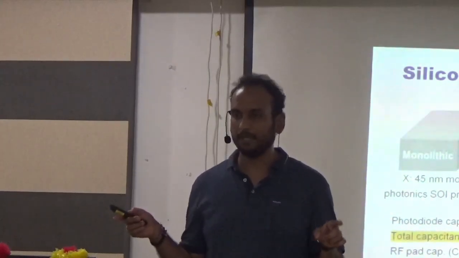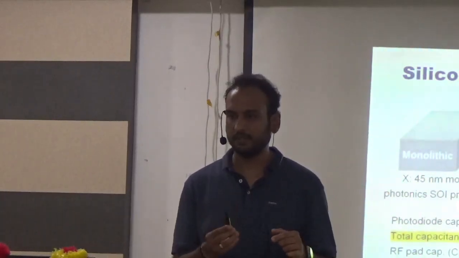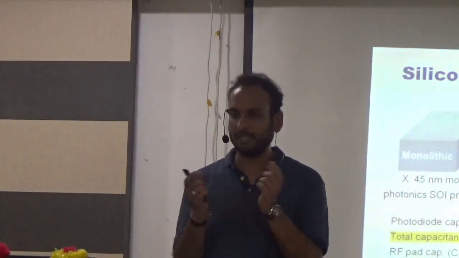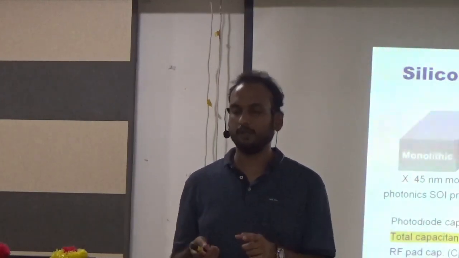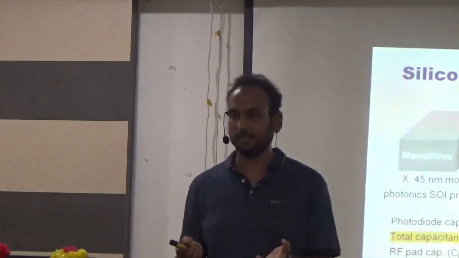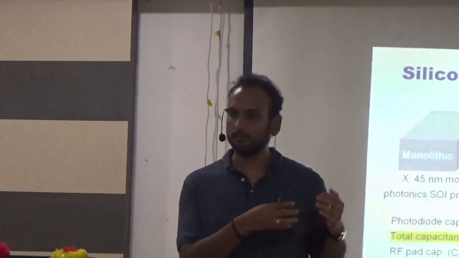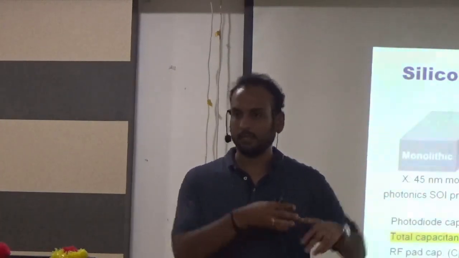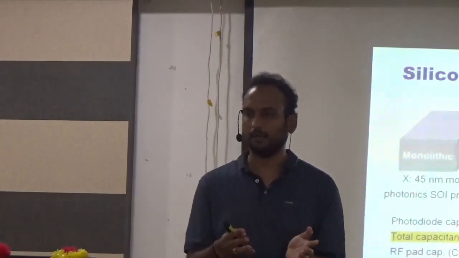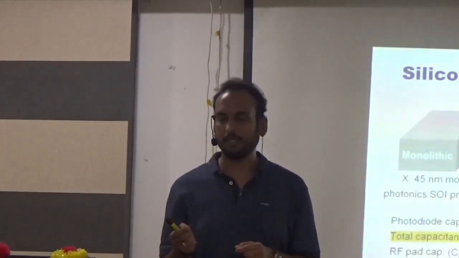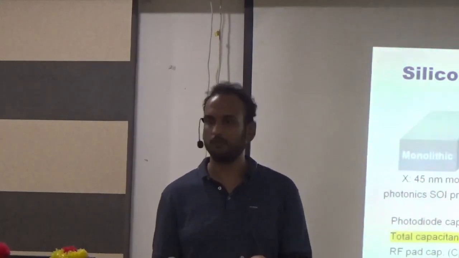But when we go for hybrid integration, where we have to use wire bonds or TSVs or bumps, they are thicker, and that's why they contribute more parasitics. Whenever we have to reduce the parasitics in our design, we try to make it more compact, and a more compact solution is possible in monolithic design, not in hybrid design. But again, there are different trade-offs that I will discuss between monolithic and hybrid. In monolithic, the advantage is you can make a very narrow interconnect from one circuit to another, so you will get lesser parasitics.